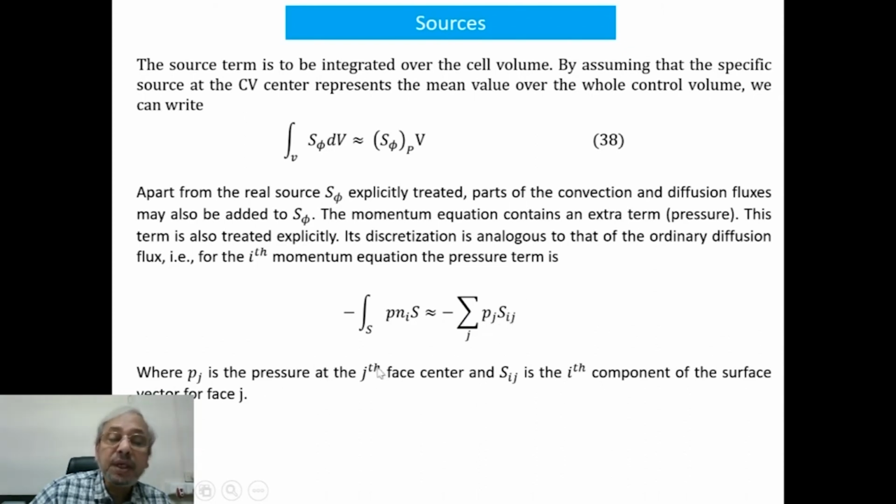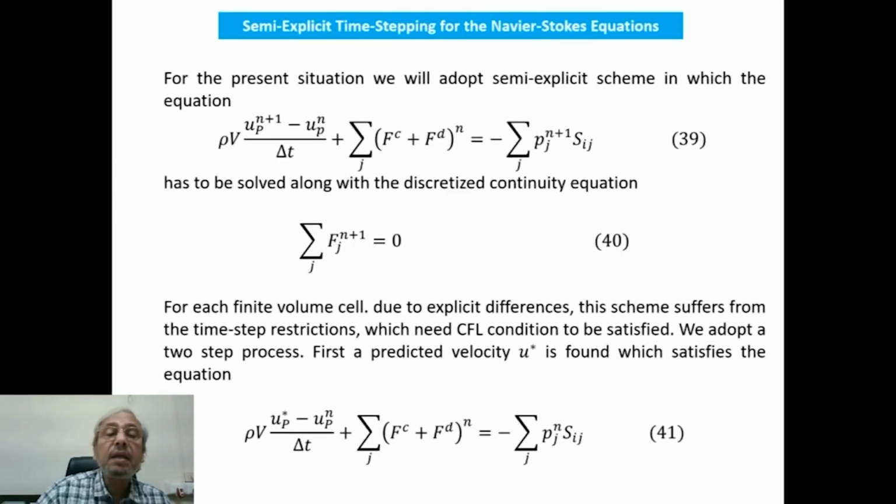Pj is the pressure at the jth cell center and Sij is the ith component of the surface vector for the face J. This is relatively easy to handle.